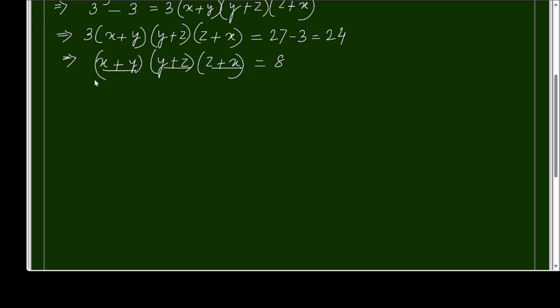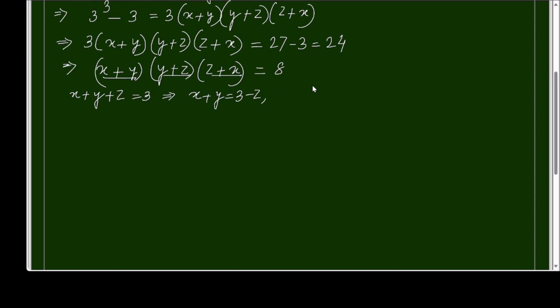So we'll replace this, since x plus y plus z is given as 3. That means x plus y can be written as 3 minus z, y plus z can be written as 3 minus x, and z plus x can be written as 3 minus y.